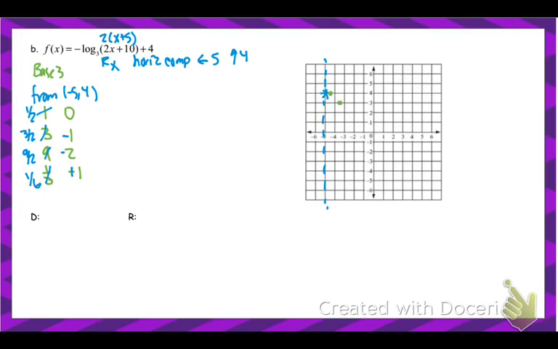I'm going to go over 4.5 and down 2. And then I would go right 1/6 and up 1. So not going up very much. And that is my log graph. Domain here is going from -5 to infinity. Range is from negative infinity to infinity.